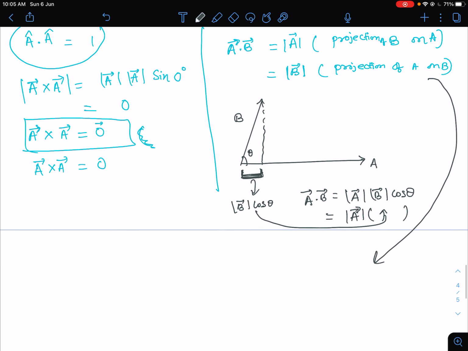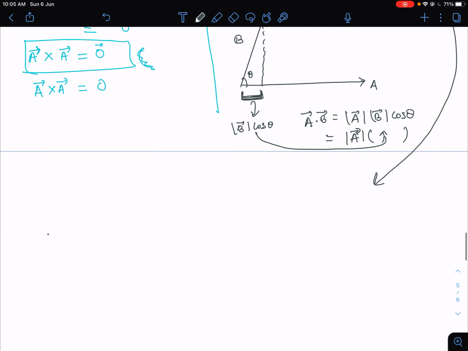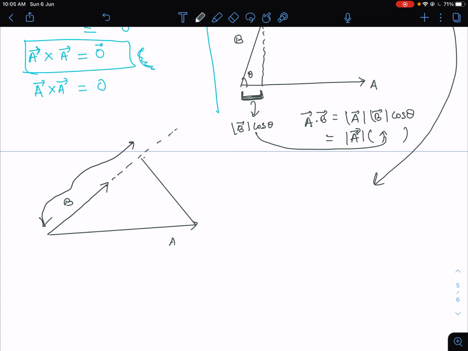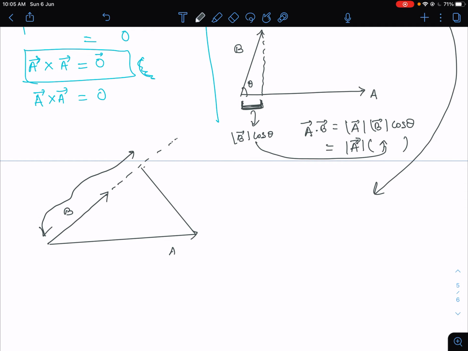So how do we prove this? If I have vector B and vector A, in order to take the projection, you need to extend that line and draw a perpendicular here. So this is the projection of A on B. What is the length of this projection? It is A cos theta.